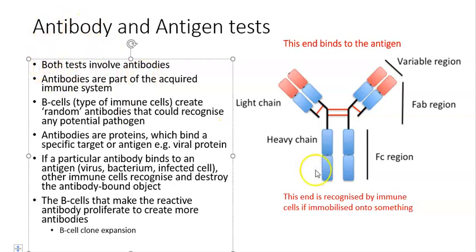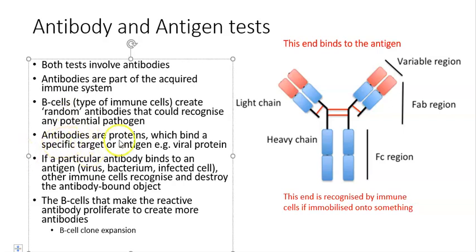So we're talking about antibodies. Antibodies are part of the acquired immune system. B cells create random antibodies that could recognize a pathogen. If that B cell comes into contact with that pathogen, or a part of that pathogen presented on the surface of another cell, that B cell will become activated, proliferate and produce vast amounts of antibody to mop up any other of that virus that is lurking around.